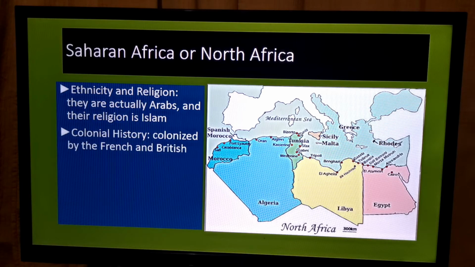They are Arabs. Okay? And they were just colonized by the British and the French, and these colonizers formed the boundaries that we have today. Now, their economy, as mentioned a while ago, runs on petroleum and tourism.